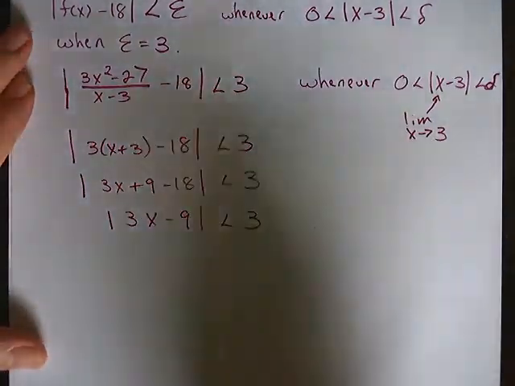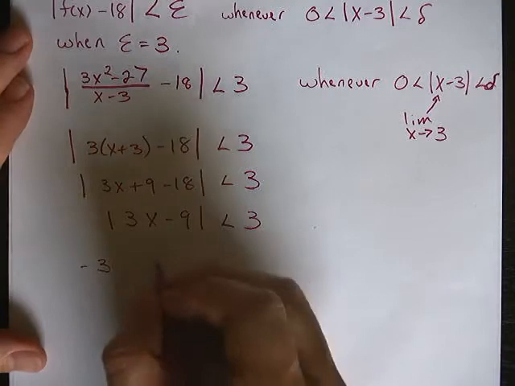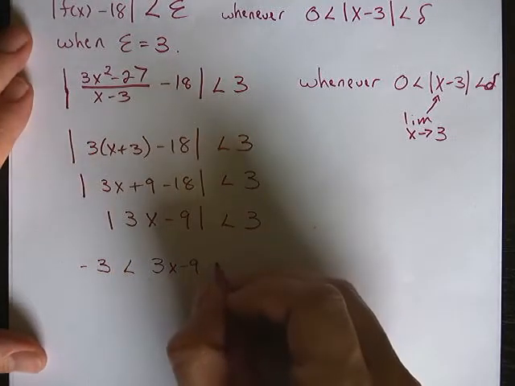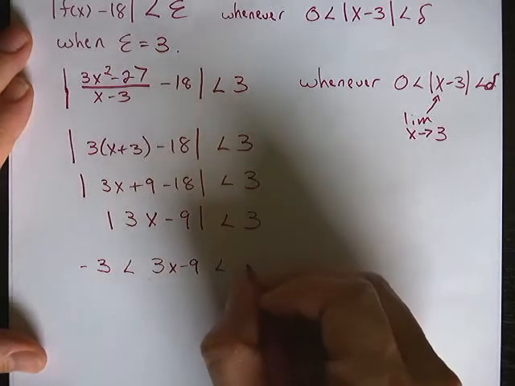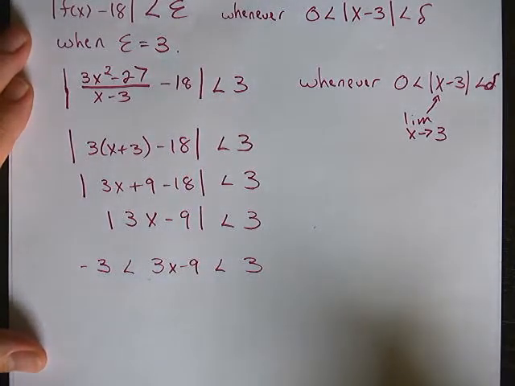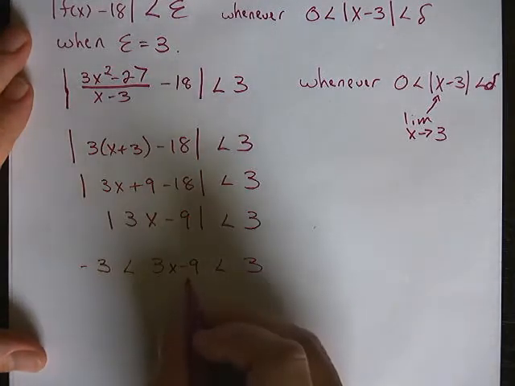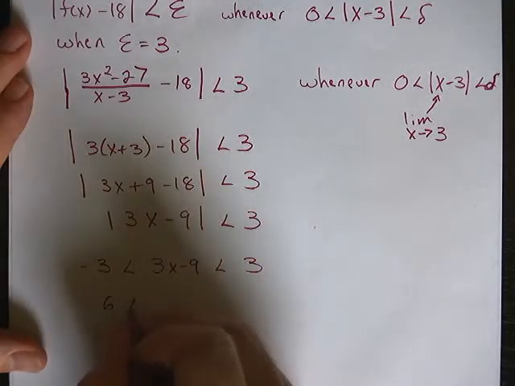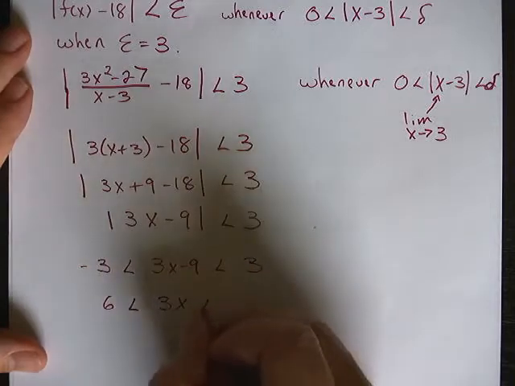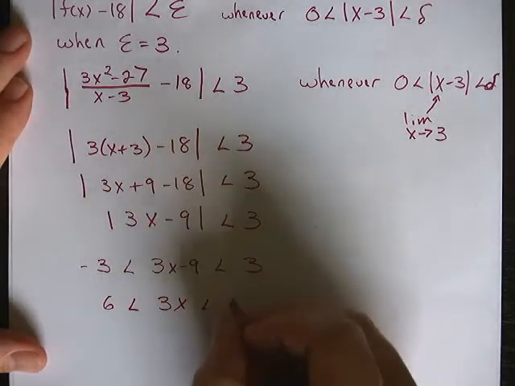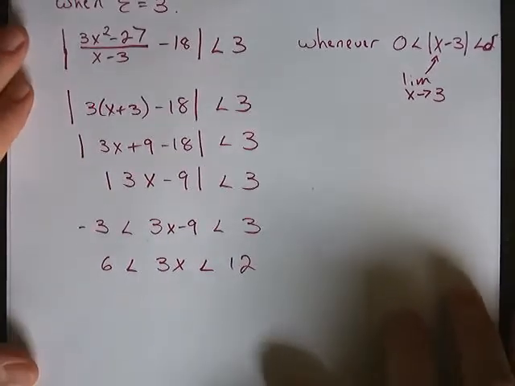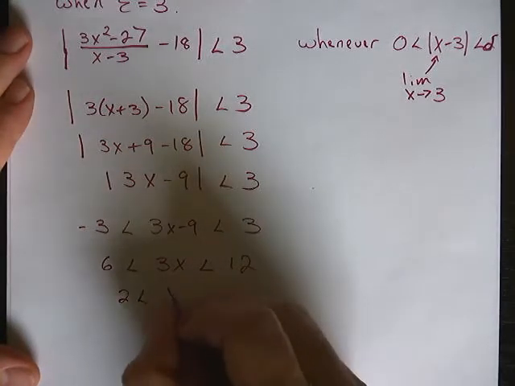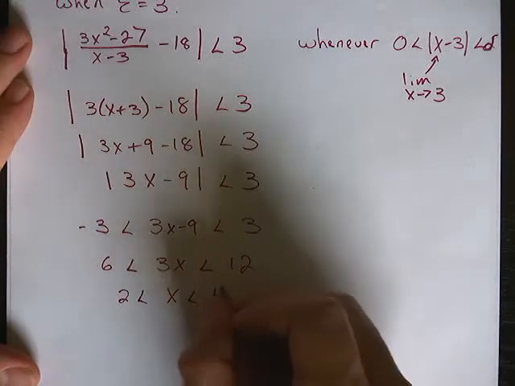So we get negative 3 is less than 3x minus 9 is less than positive 3. Then we add the 9 to both sides, giving us 6 is less than 3x is less than 12. And then we divide by 3, and we get 2 is less than x is less than 4.